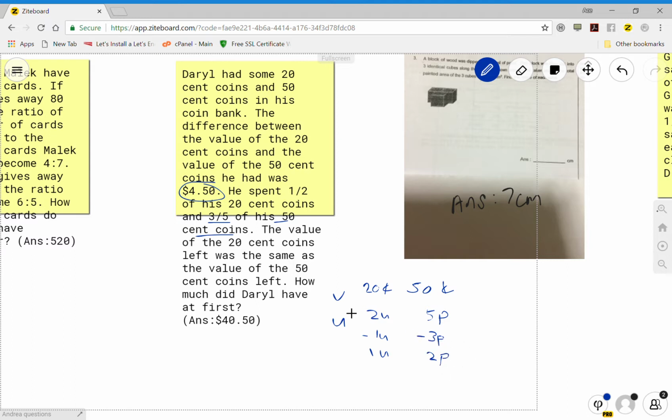That's the units. Okay, so the value of the 20 cent left was the same as the value of the 50 cent coins left. So we get to set up a few equations. First of all, how to get the value of $4.50? $4.50 is the same as 20 cent times 2u plus 50 cent times 5 parts. Okay, let me write out.